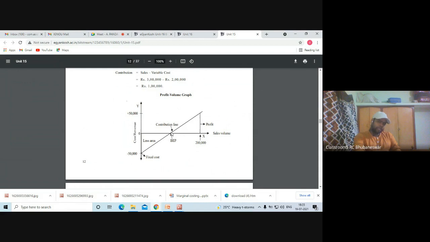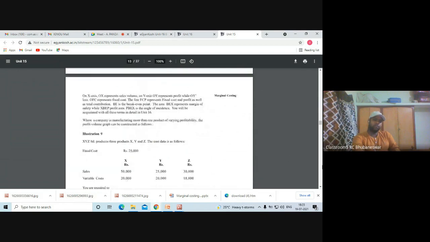Below the BEP, below the break-even point, the area is known as the loss region, because till that point we had not covered our fixed expenses. So if we reach the break-even point, that means our fixed expenses got covered along with the variable part. So this is the graphical representation.